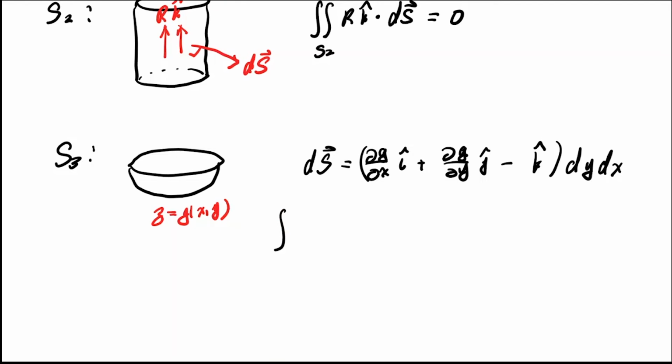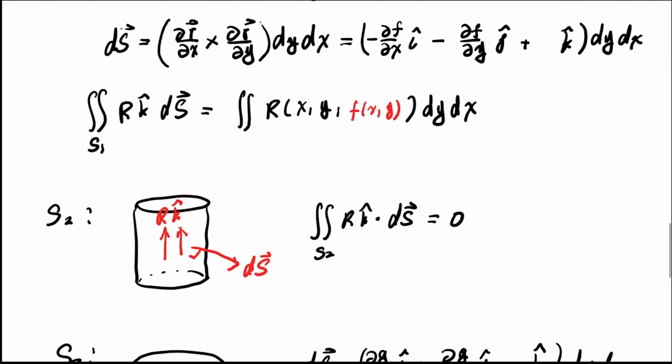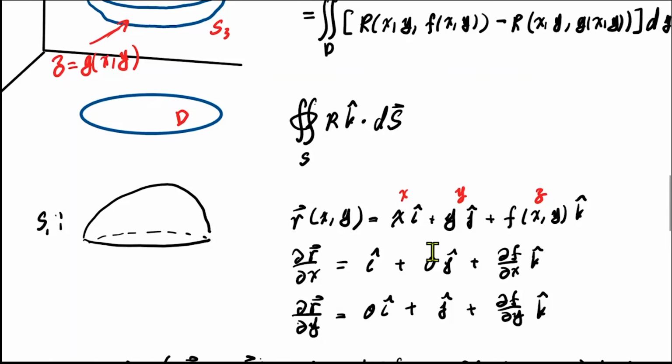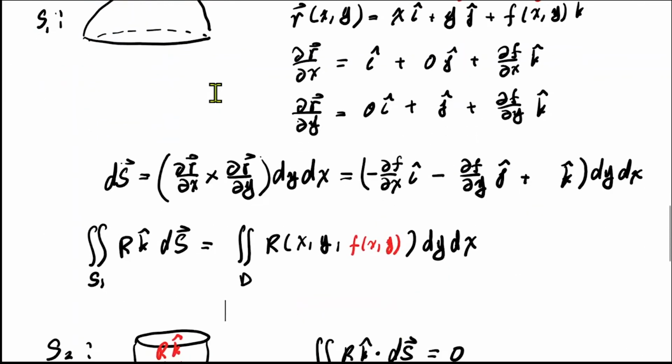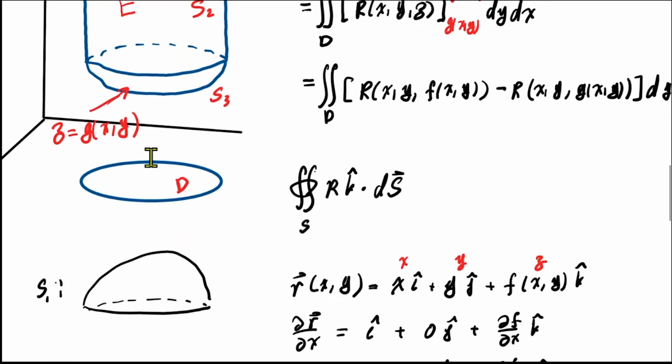The double integral over S3 of R k vector dot dS vector turns out to be, and these two die once again, a negative sign times the double integral, not over S3 anymore, but over our region D. Once you take a dot product, it's a double integral over this region D. Good.